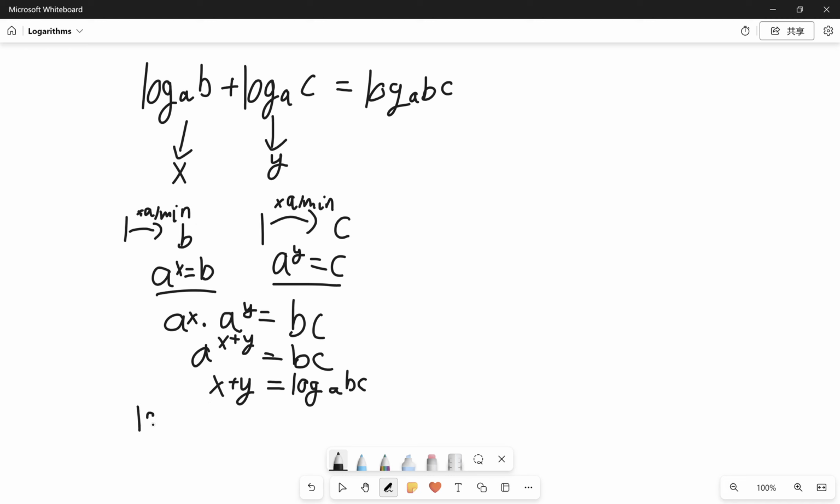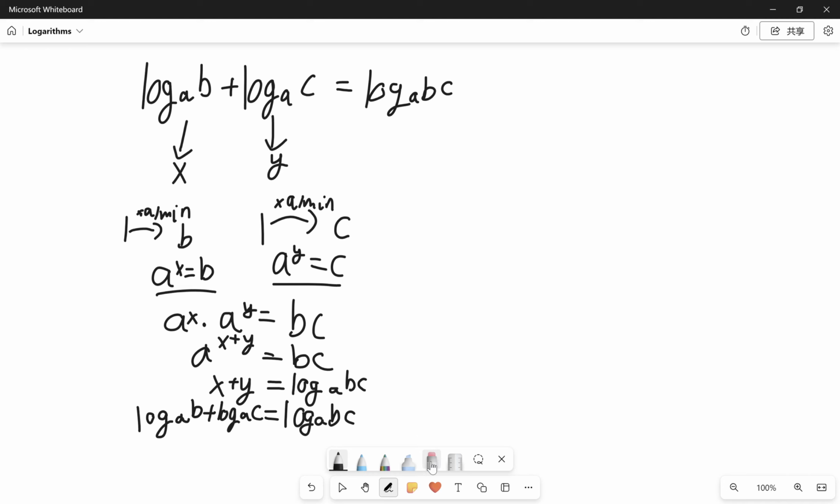If we plug x and y in, when we defined x, it's log base a of b, plus, when we defined y, it's log base a of c. Then it's equal to log base a of b times c. So that's just the law we're trying to prove. This is the same thing as the one above, right? So we've already proved that addition law.